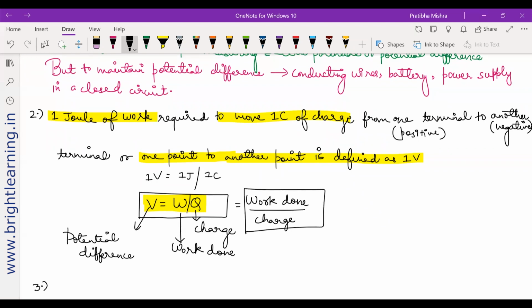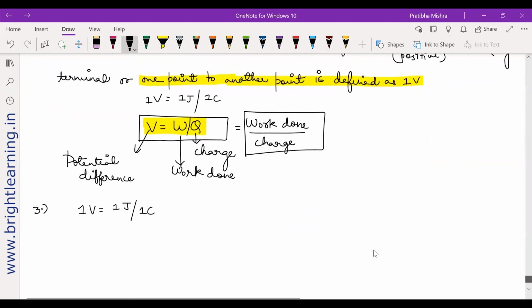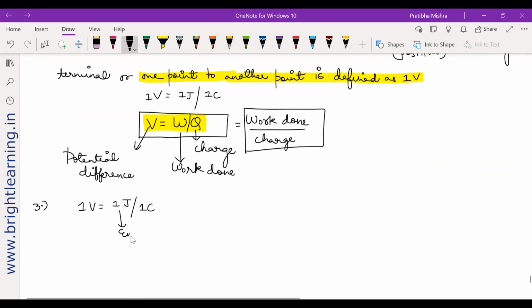So they are telling us 1 volt is nothing but equal to 1 joule per 1 coulomb, right? So they are talking about a 6 volt battery. So if it is a 6 volt battery, how much energy will it be? 1 joule is energy.